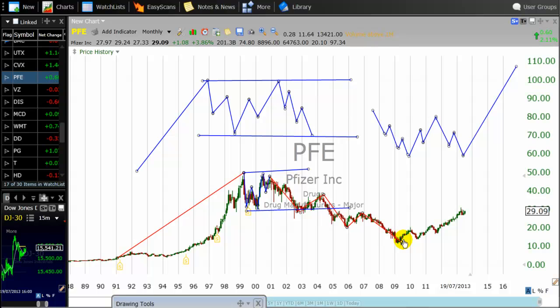In fact, one can say that the expanded flat correction is an extension of a classic flat correction, because the classic flat correction is 1, 2, 3, 1, 2, 3, 1, 2, 3, 4, 5, but the price is in the horizontal channel, and for the expanded correction, what is happening here? Why is it expanded? Because the fundamentals are not ready to support the buying here.